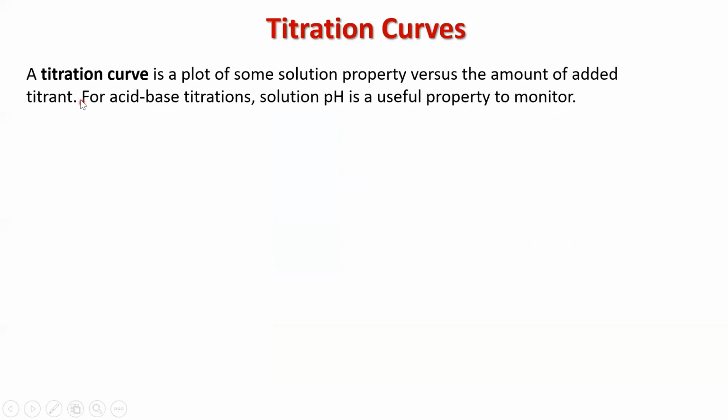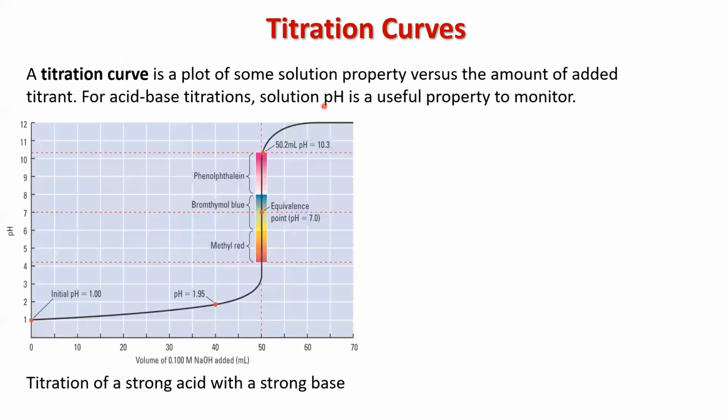So let's look at titration curves. A titration curve is some kind of a curve that takes a property of a solution and plots it versus the amount of added titrant, the amount of liquid that comes out of the burette and drains into the flask. And when we talk about acid-base titrations, we typically have pH as the property we're measuring.